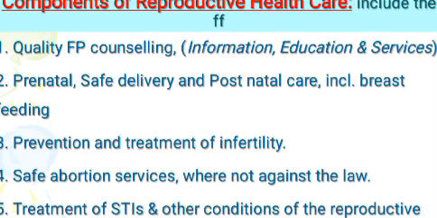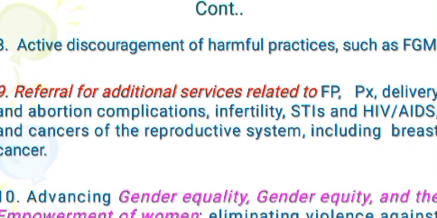Treatment of sexually transmitted infections and other conditions of the reproductive system. Management of complications of unsafe abortion. Information and counseling on human sexuality. Active discouragement of harmful practices such as female genital mutilation.